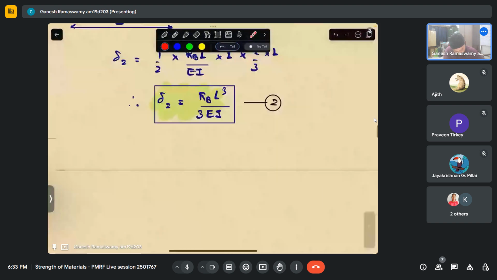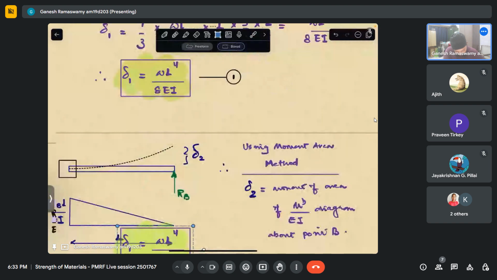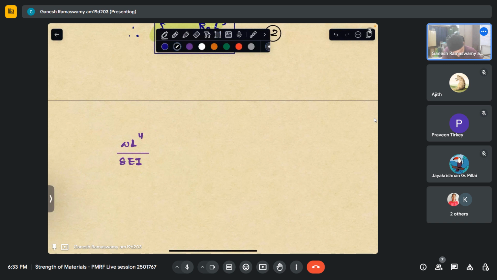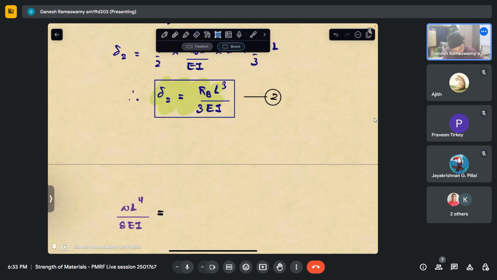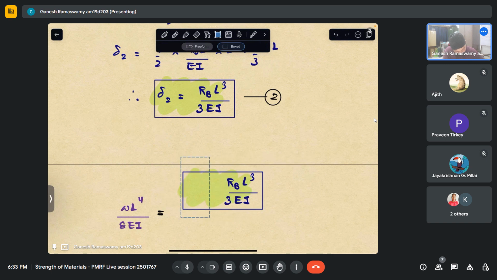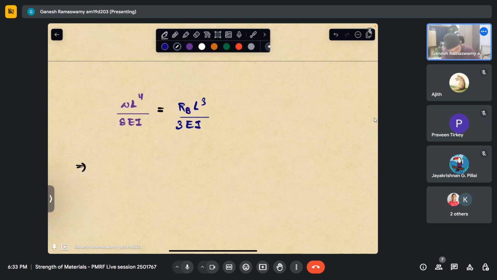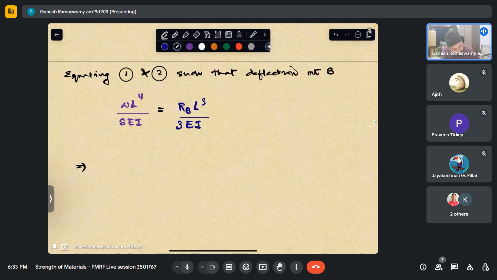So this is actually equal to this quantity. So from here, equating 1 and 2 such that deflection at D is equal to 0.